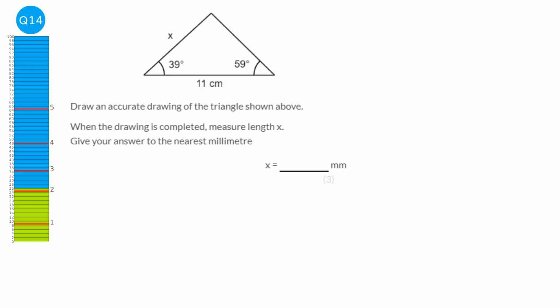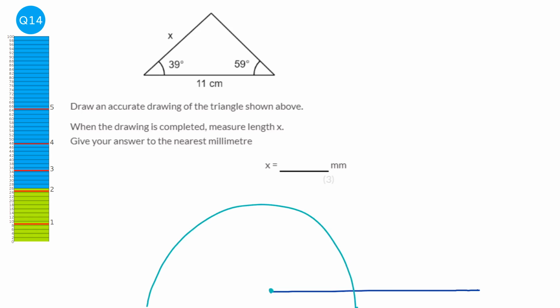So to do this question, you just need a piece of paper, a ruler and a protractor. And the first thing we do is we draw the 11 centimeter line. And my one will not be 11 centimeters for you. It is on my screen, but depending on what device you watch this on will change obviously its length. And what I'm going to do is I'm going to put my protractor on this end here. And I'm going to just have a look at getting 39 degrees.